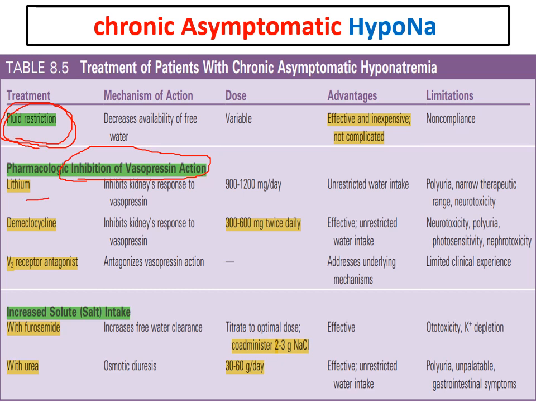Lithium, but usually it is not used nowadays in this type of indication. The second agent is demeclocycline, in a dose of 300 to 600 milligrams twice daily.